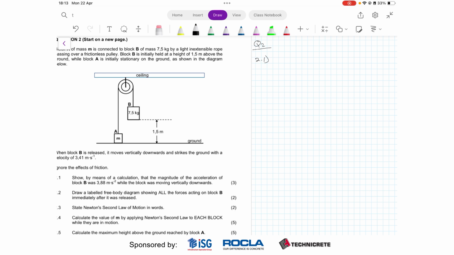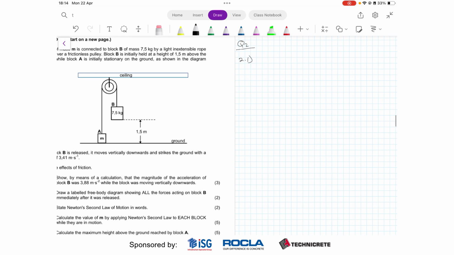We are choosing v down as positive, meaning the velocity of B while it's going down is positive, okay? Wonderful. So in choosing downwards as positive, we can write an equation of motion to start solving this. We are looking for the acceleration, and we know the velocities.